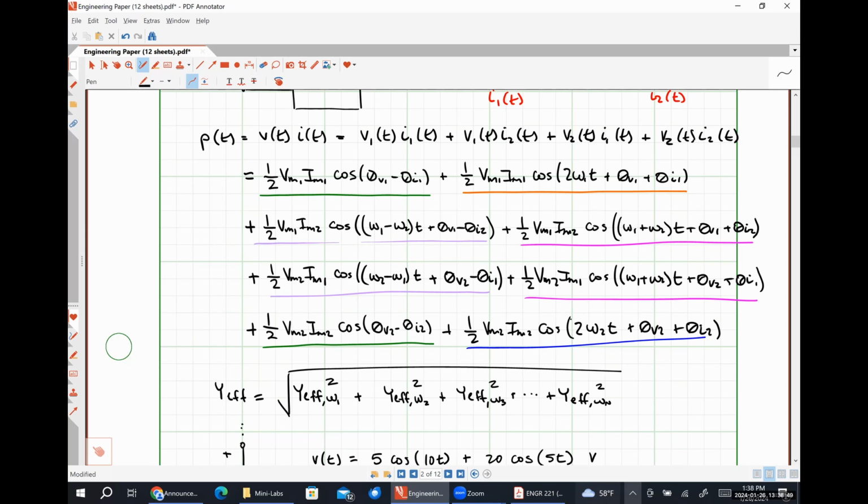So this equation right here, as big and ugly and terrifying as it is, would actually allow you to just use the results of that analysis and plug phasor relationships directly in to calculate the power without having to do any work on your own. So VM1 would be the magnitude of phasor voltage at omega 1. VM2 would be the magnitude of the phasor voltage at omega 2, and so on and so forth.